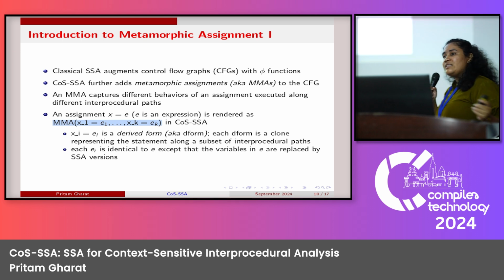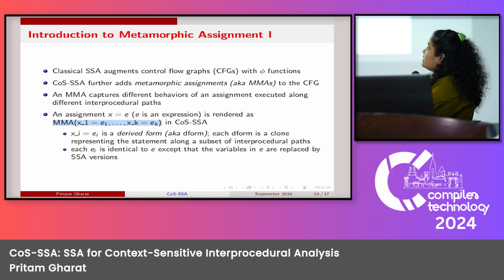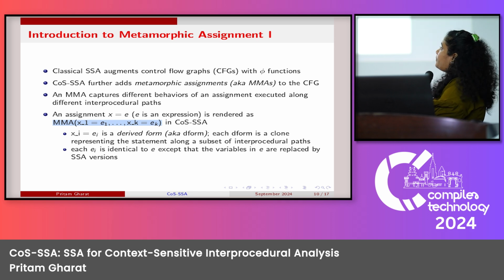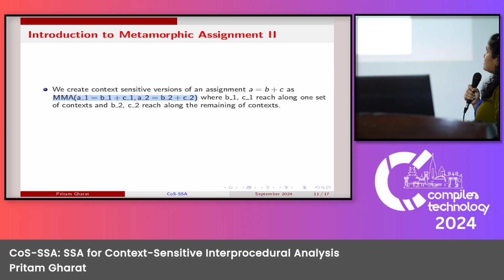So let's say you have this assignment in a procedure, and that procedure is called multiple times. Depending on what definitions are reached along those interprocedural paths, we capture those behaviors in terms of these deforms. And each of these expressions is then identical to e, except that the variables in e are replaced by the SSA versions.